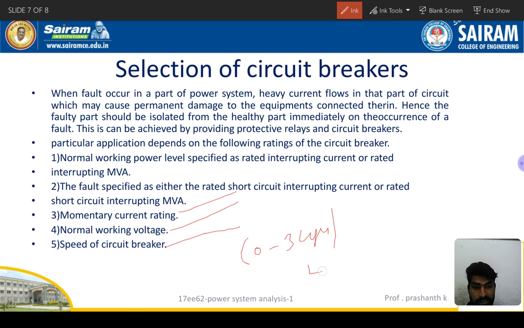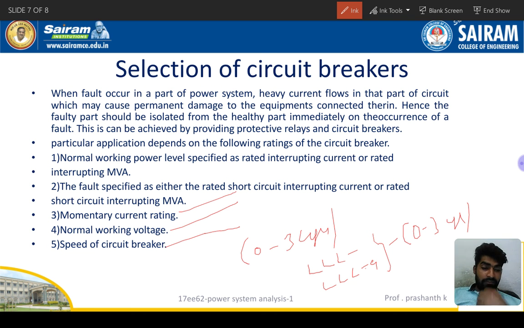The most dangerous faults are the triple line fault and the triple line to ground fault. You should eliminate them within 0 to 3 cycles. Otherwise the whole system will be damaged, everything will melt.